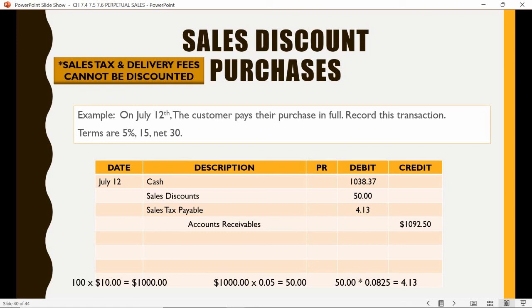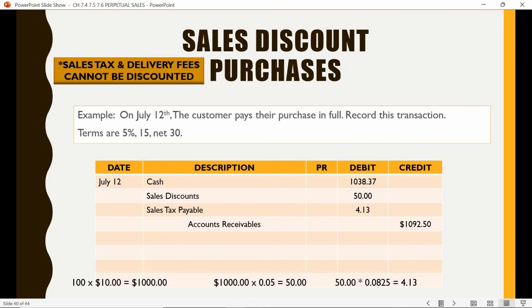And because we charged tax on the $1,000, we need to determine the tax to take away for that $50. So I'm going to take my $50 and multiply by my tax rate, which is $4.13. That's what I'm going to be discounting from the amount that customer A owes me.